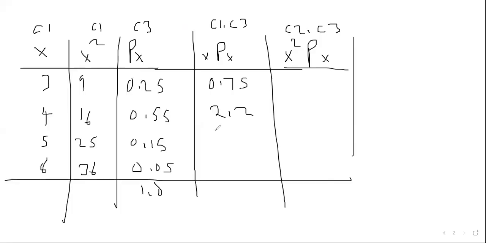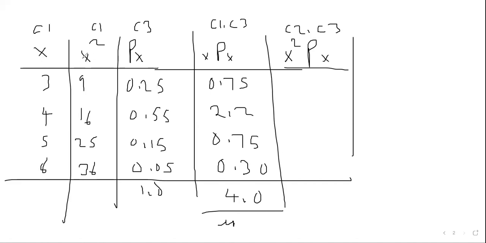Then 6 times 0.05, what are we finding? 0.3. So when we total up, this is what we find as the mean, 4. This is what we call the mean, or mu.